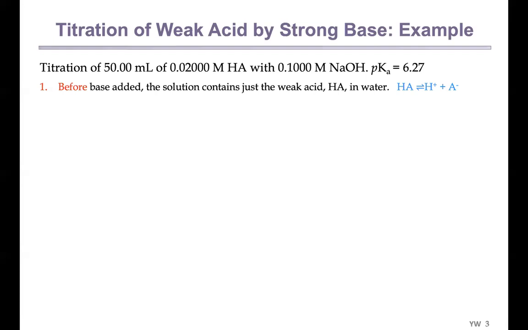That is when you have two forms in the solution, right? So now we're talking about before adding any base. So you're dealing with a simple monoacid solution, monoprotic acid solution.